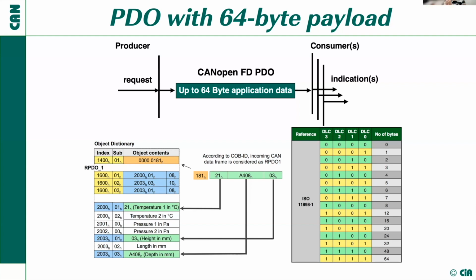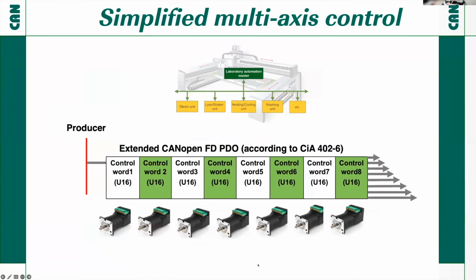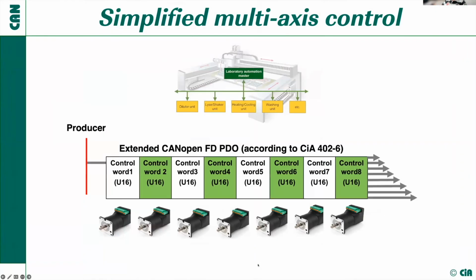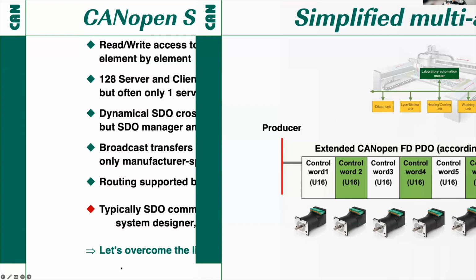Only communicate determined data. Use some padding bytes, fill up to the next supported frame length, and then transfer only meaningful data. And how can we use that? We showed this already in the specification 402, where we defined lengthened PDOs that allow us to control, for example, up to 8 drives via 1 CAN frame. So this helps us in synchronizing activities in one CANopen FD network.